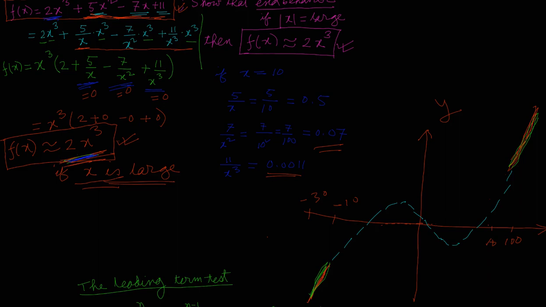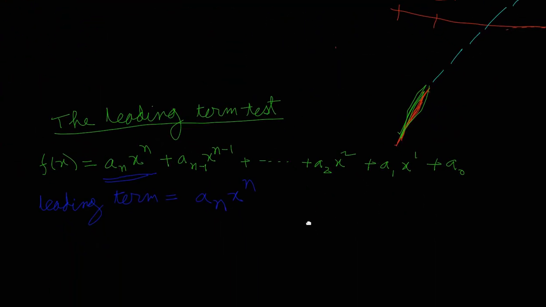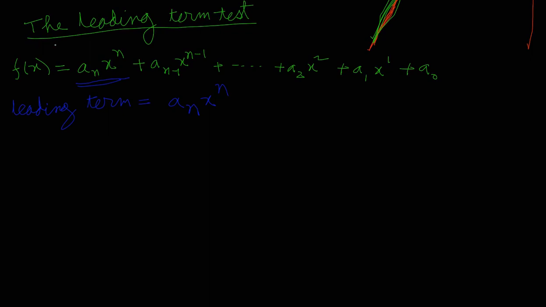So for this problem, which is a_n x^n, my whole polynomial function's end behavior will be controlled by this term, a_n x power n.